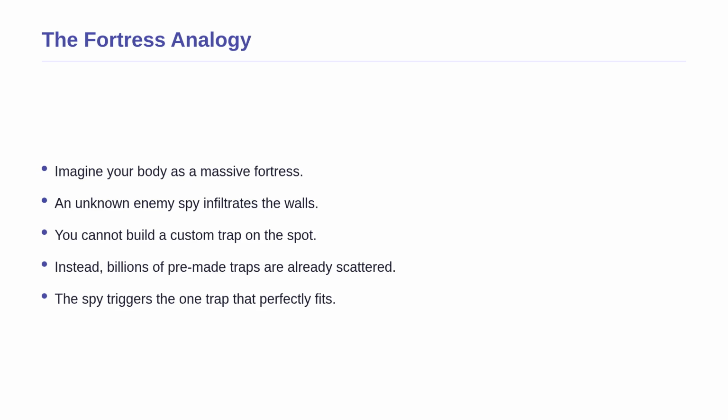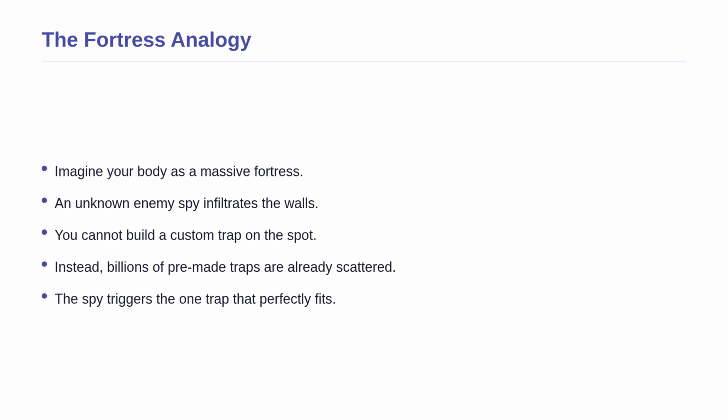To understand how our immune system works, let us start with a simple analogy. Imagine your body is a massive fortress, and an enemy spy, a virus, has just infiltrated your walls. Because you do not know what the spy looks like in advance, you cannot just build a custom trap on the spot.